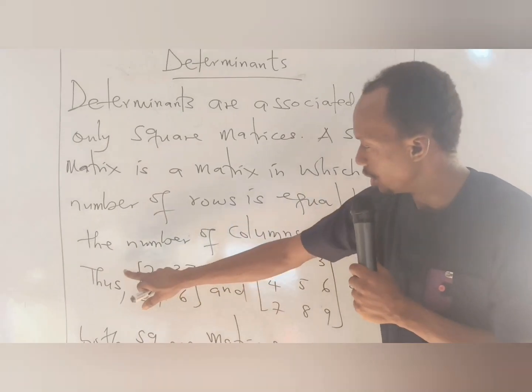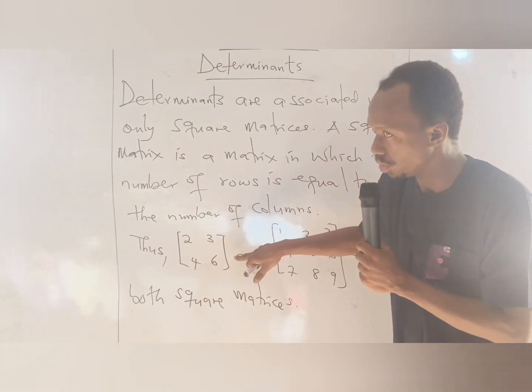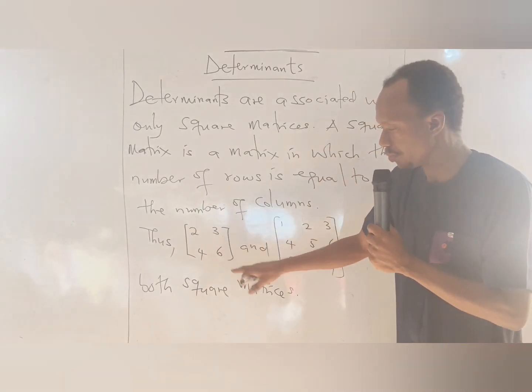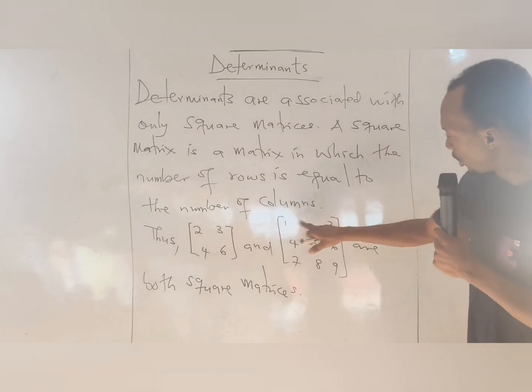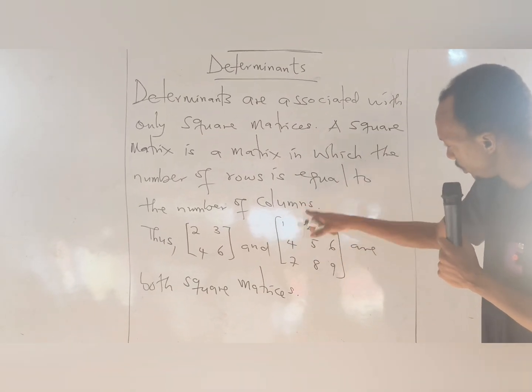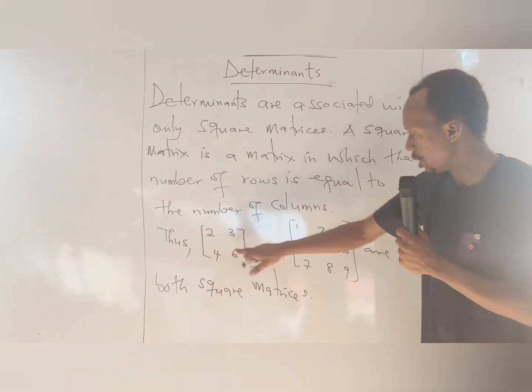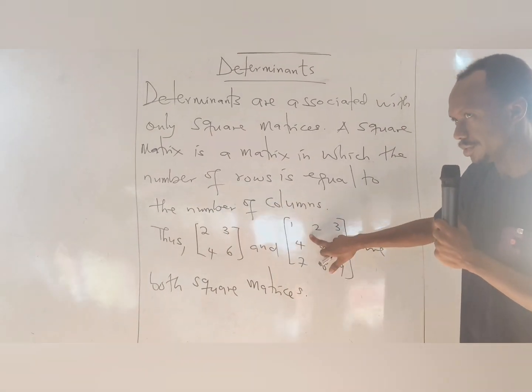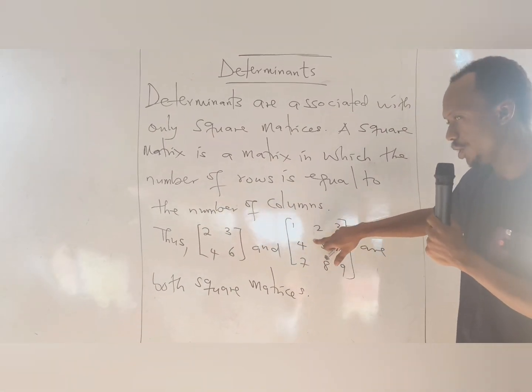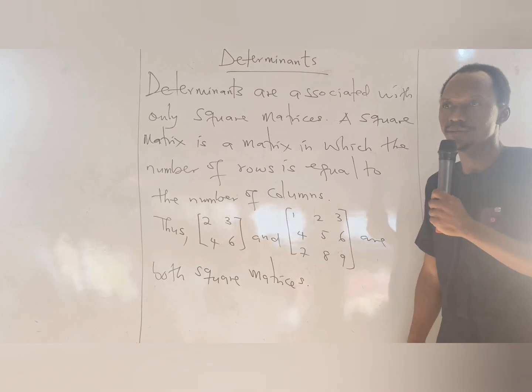Can you see? The number of rows are how many? 2. The number of columns are what? 2. This one, how many rows? 3 rows, 3 columns. That's why it is square. This is 3 by what? 3 matrix. That is why it is what? Square matrix. Are you all here? Yes.